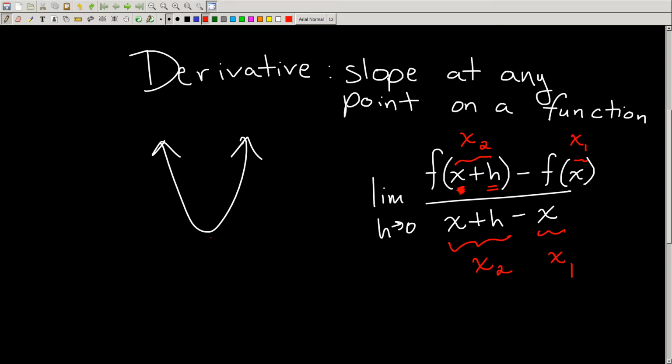Now what is first principles the slope calculation of? Well, it's the following. Let's say you've got 2 points on a parabola. Let's say this is x1 and f of x1. And over here, you've got x2, f of x2.